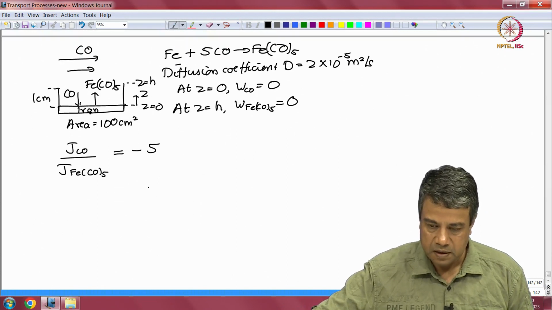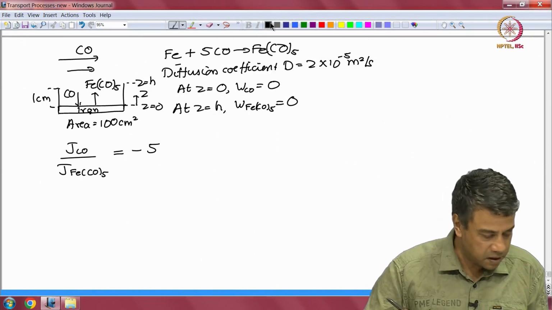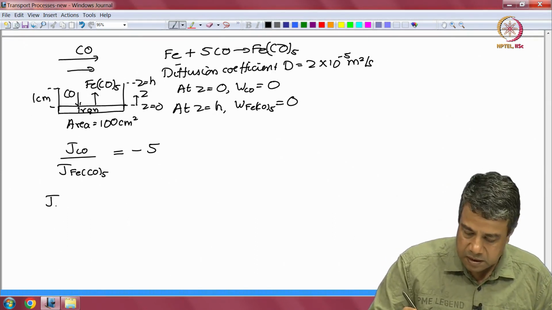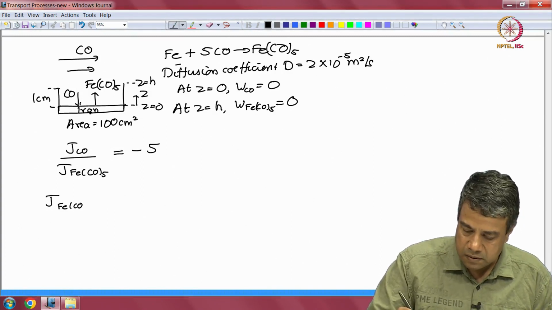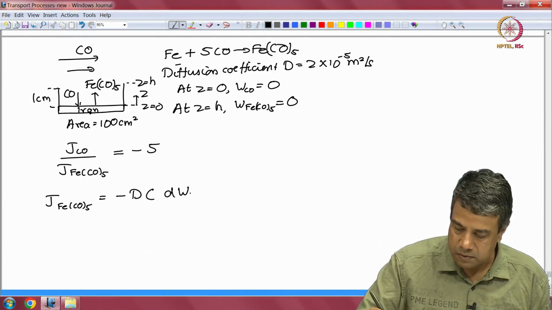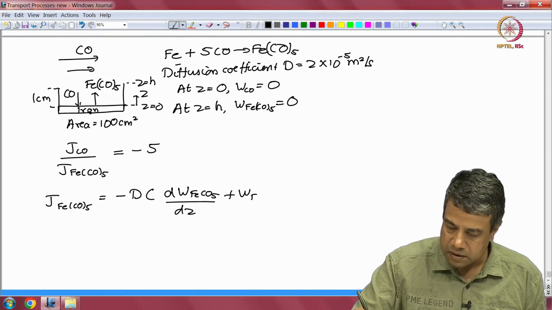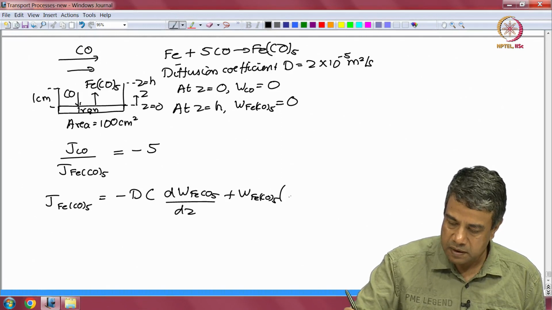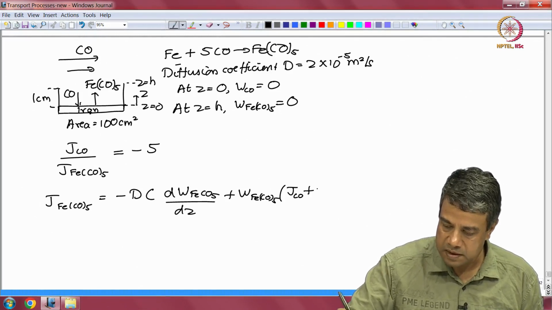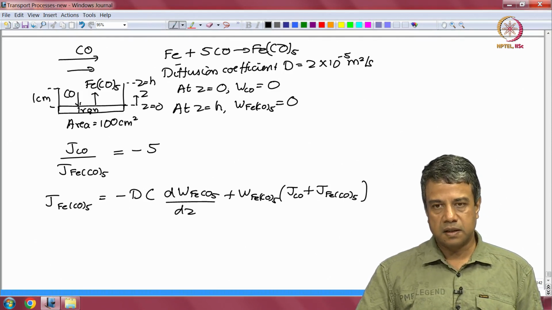Now, if you write the diffusion equation for the mole fraction of iron pentacarbonyl, you get J_FeCO5 is equal to minus c D dW_FeCO5 by dz plus W_FeCO5 into (J_CO plus J_FeCO5).